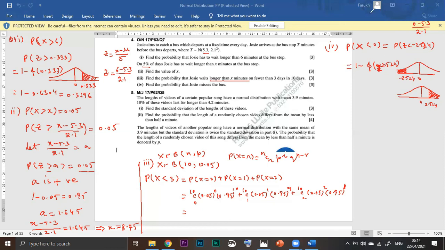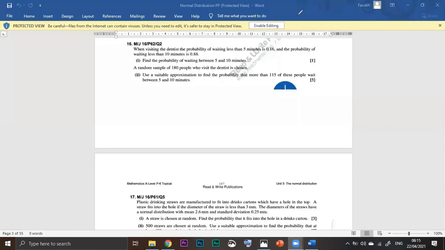Now we will attempt a question in which we will convert the binomial distribution into normal distribution. In question number 16, when visiting the dentist, the probability of waiting less than 5 minutes is 0.16.